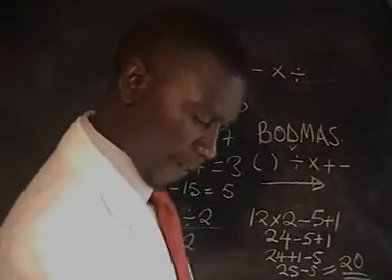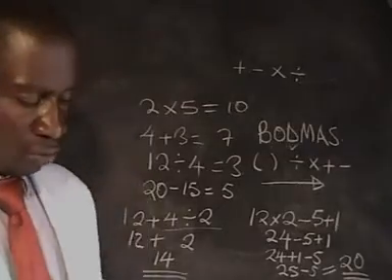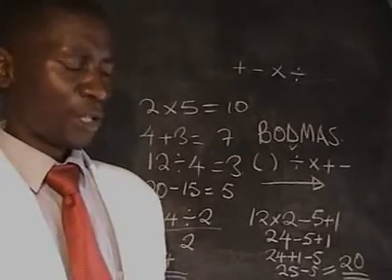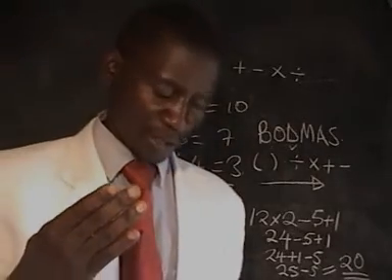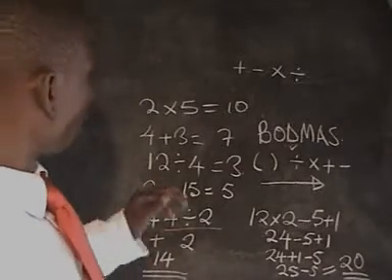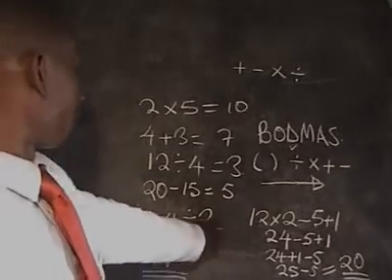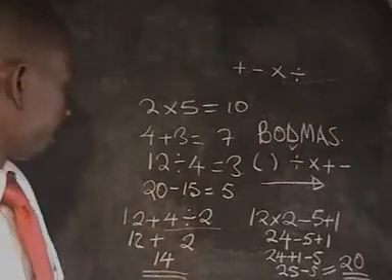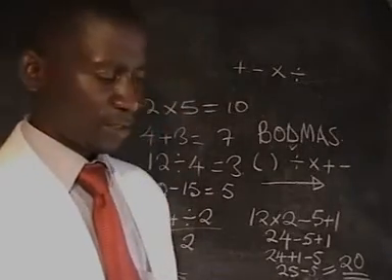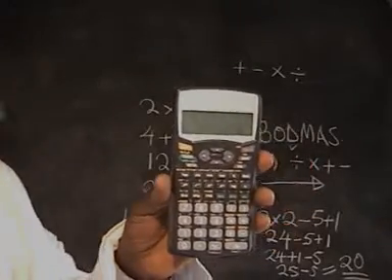Even if you use a scientific calculator, it is not going to show you the order. What you are going to do is just feed 12 plus 4 divided by 2. Then you press the equal sign, then you get the feedback. If a scientific calculator is on, it displays a 0.